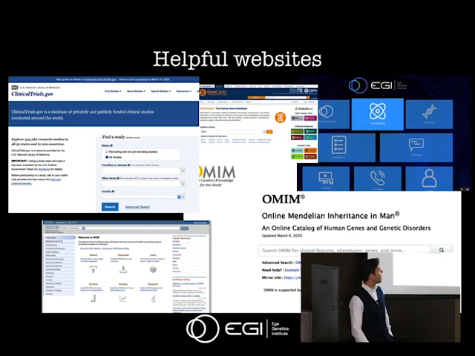Again, helpful websites. This is very important to us, because when we see a genetic condition, many times we are not familiarized with that disease because it's rare.